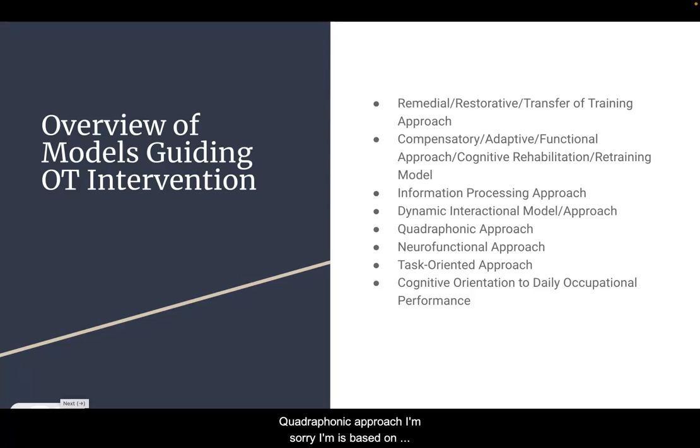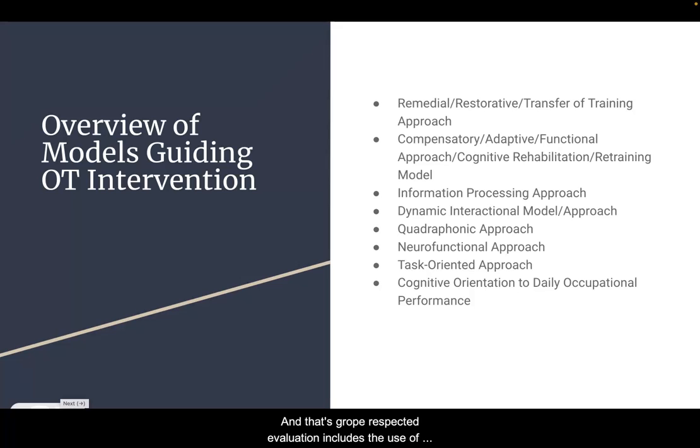The quadraphonic approach is based on remediation. It's based on information processing theory and teaching and learning theory, which I know you are all familiar with. The micro perspective includes evaluation of performance component subskills such as attention, memory, motor planning, postural control, and problem solving.